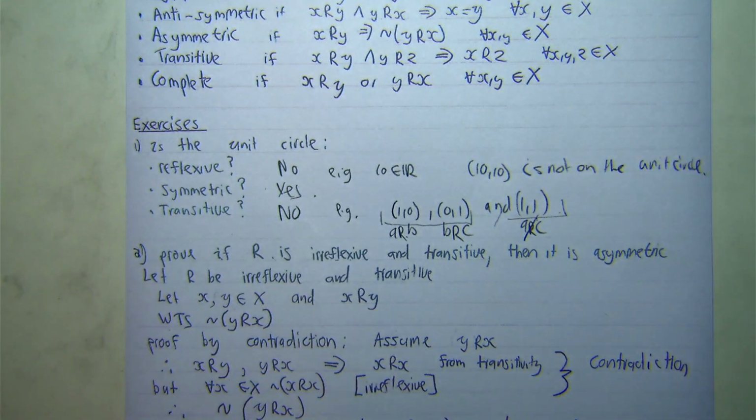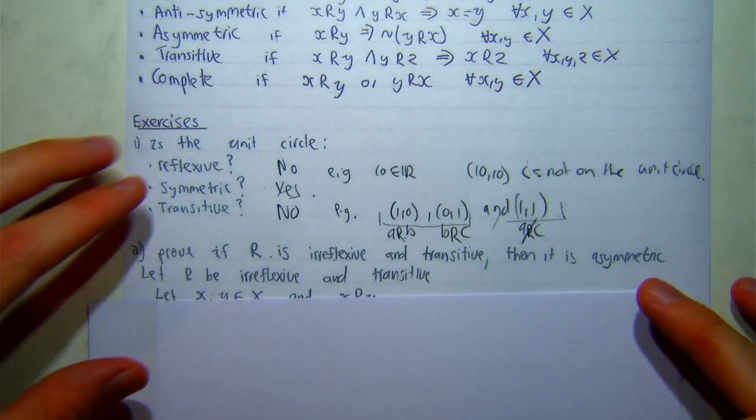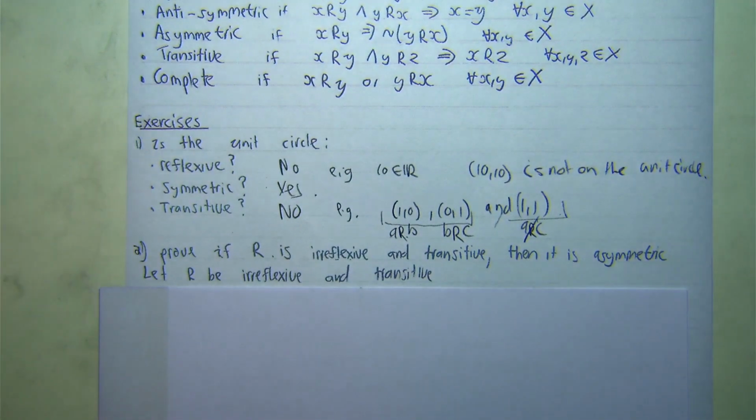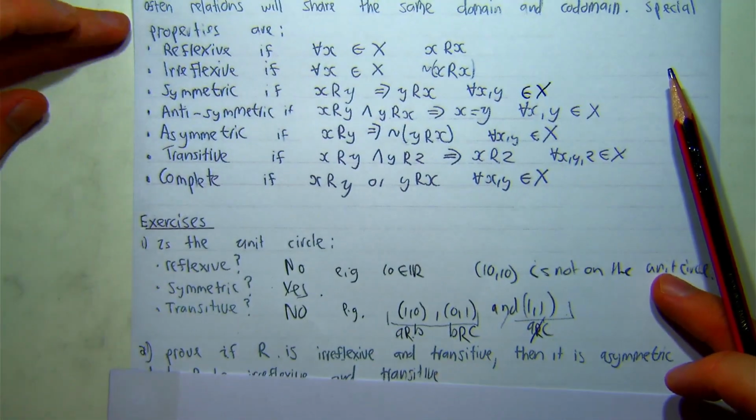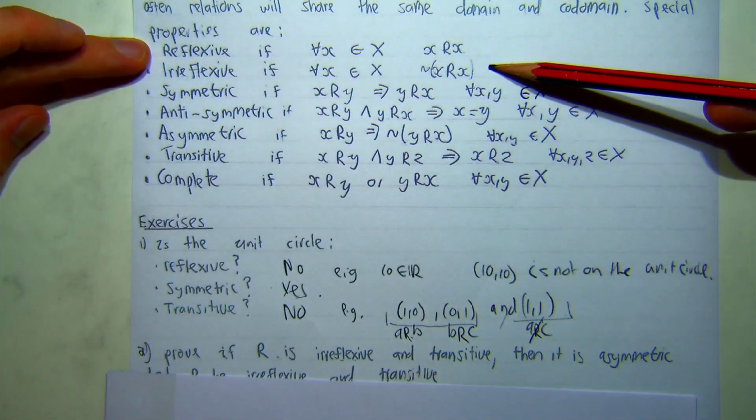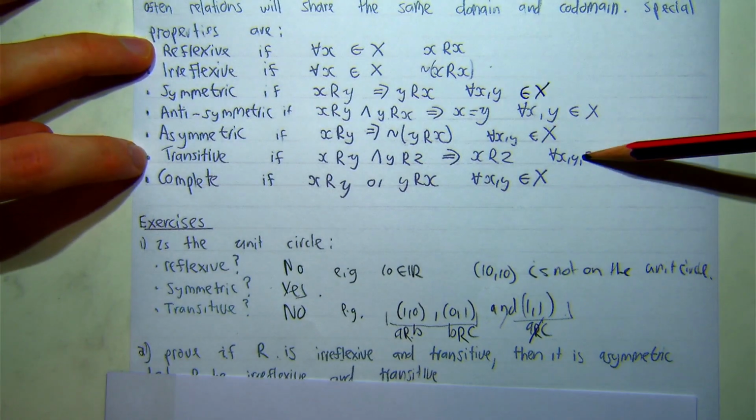Okay. Second exercise: prove that if R is irreflexive and transitive, then it is asymmetric. To look at this one, we want to start off our proof by letting R be irreflexive and transitive. From above, that means that this statement here is true and this statement here is true.